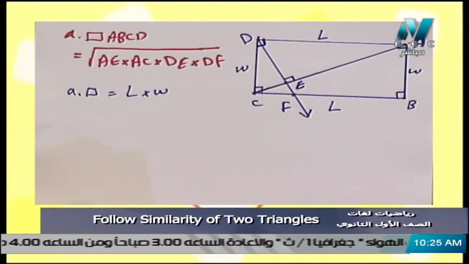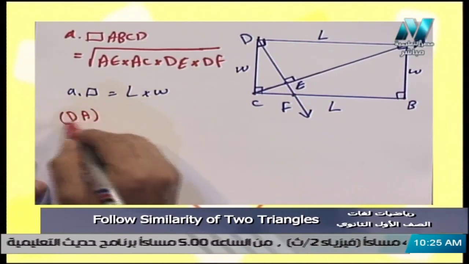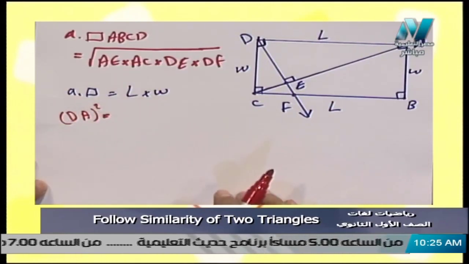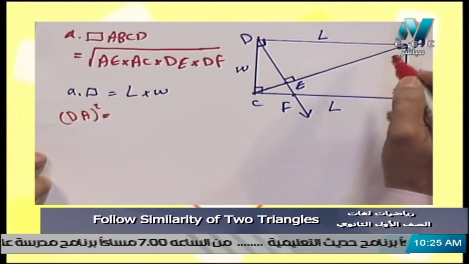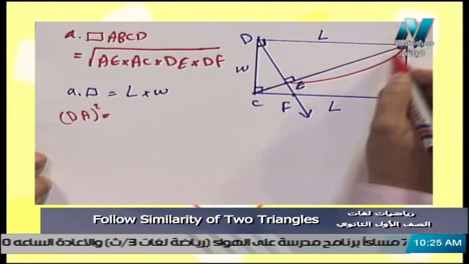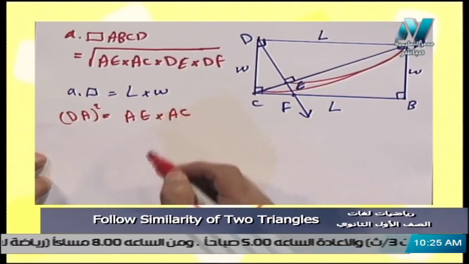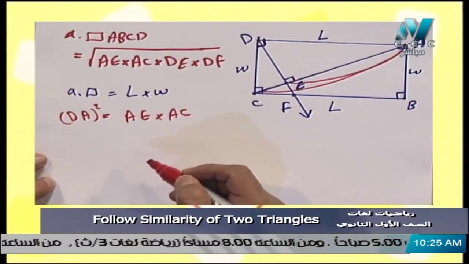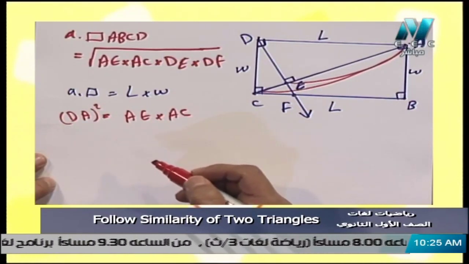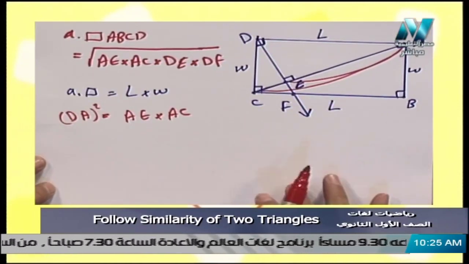So we can easily say that DA power 2 equals AE multiplied by AC, from Euclid's theorem or from similarity, which we have already done.